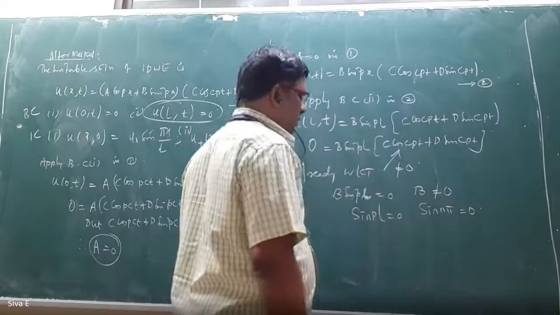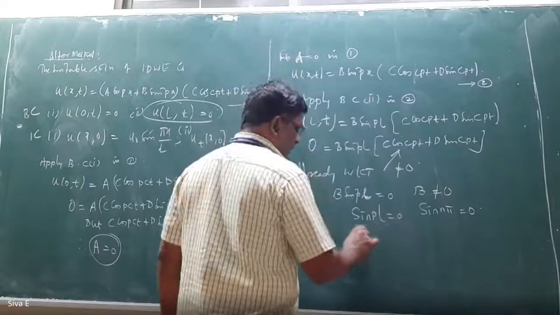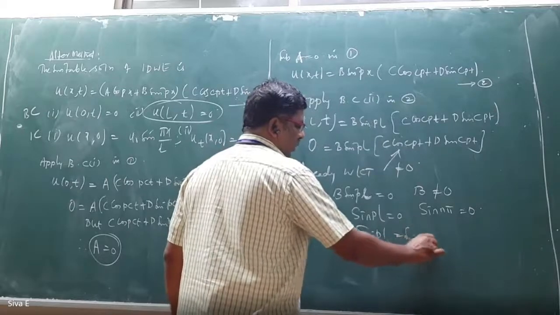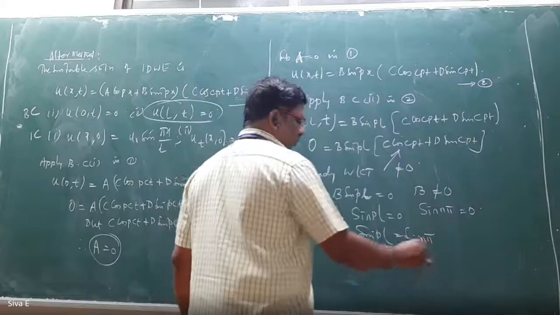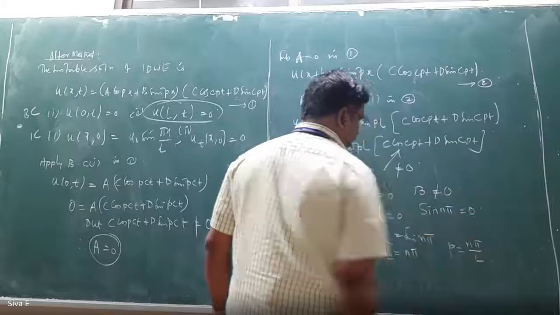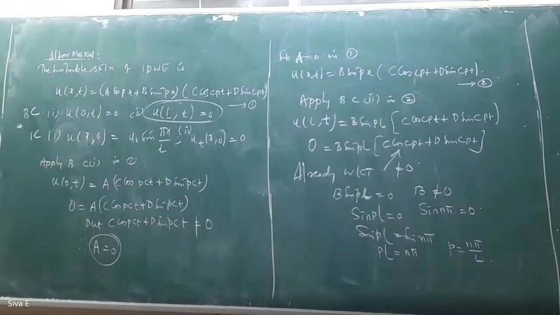Sin n pi equals 0. So instead of writing 0 here, sin pL equal to sin n pi. So pL equal to n pi, p equal to n pi by L.